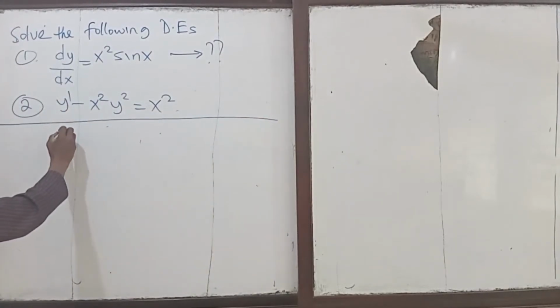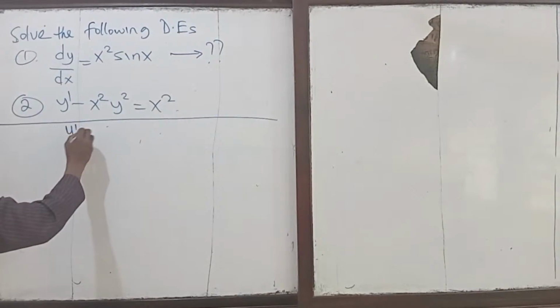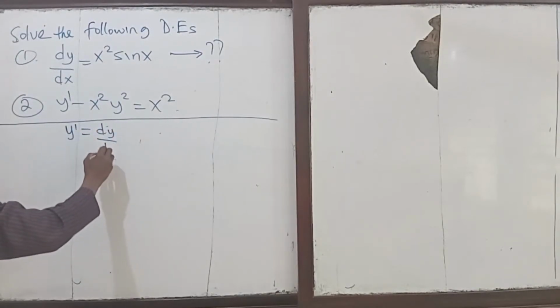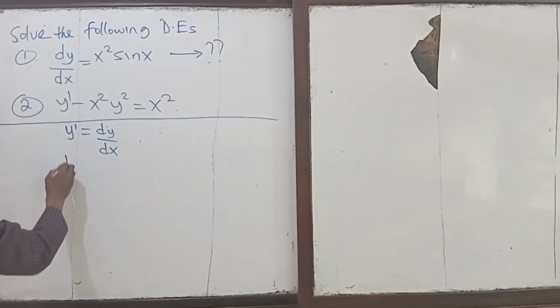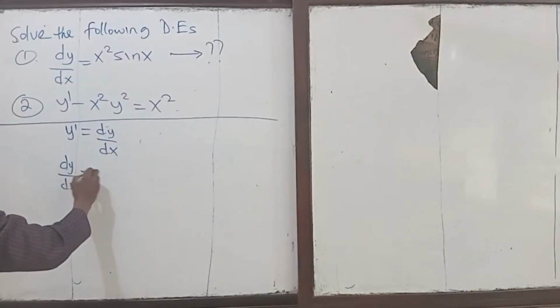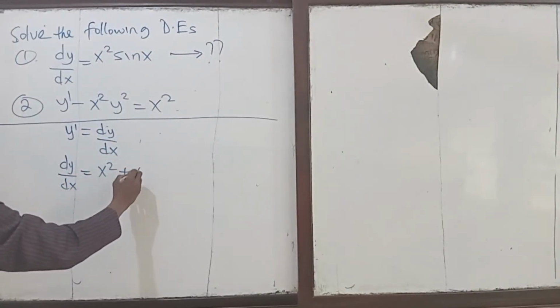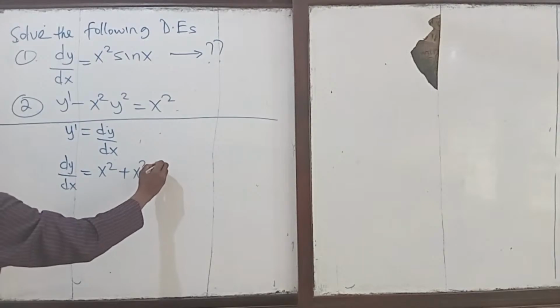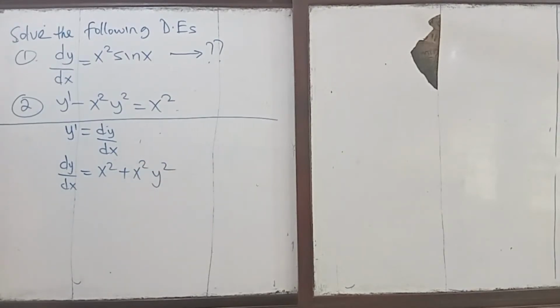Y prime is the same thing as dy over dx. Move this one to the other side, and that will be x squared plus x squared y squared.